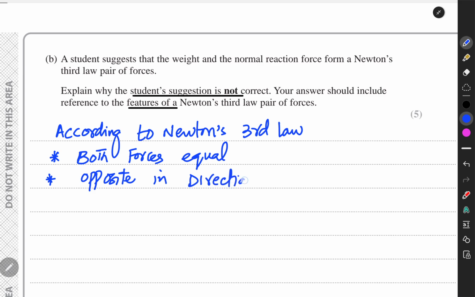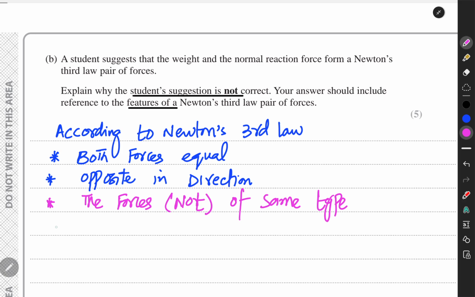The third and fourth tests are not fulfilled here. The forces should be of the same type, but these forces are not of the same type, so this is not Newton's third law. The fourth test is that both forces should be on two different bodies, not on the same body. This is one of the most important tests.